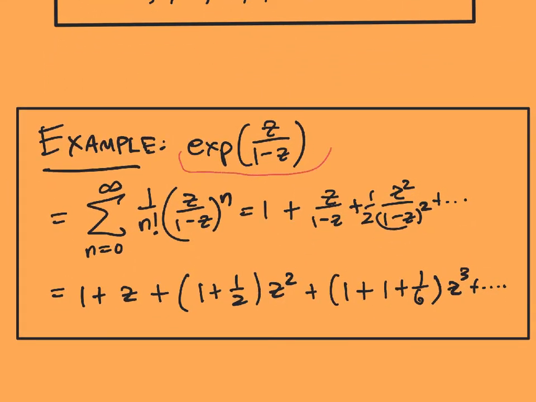So the exponential of z over 1 minus z, I can do this by plugging it right into the power series. And here are the initial terms, 1 plus z over 1 minus z, 1 half, z squared over 1 minus z squared, and so on.